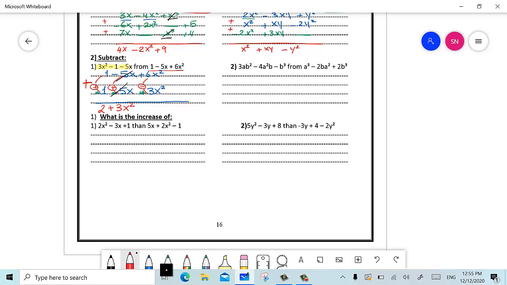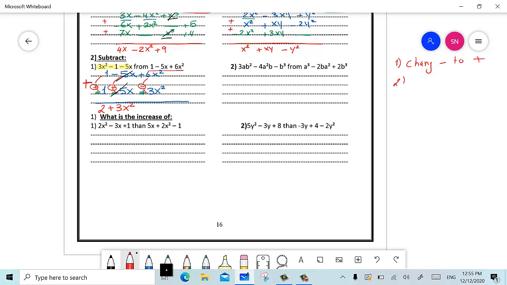So here, first of all, I must decide which term is bigger, which I'm going to take away from. After I arrange them, step number 1 I do is change subtraction to addition.